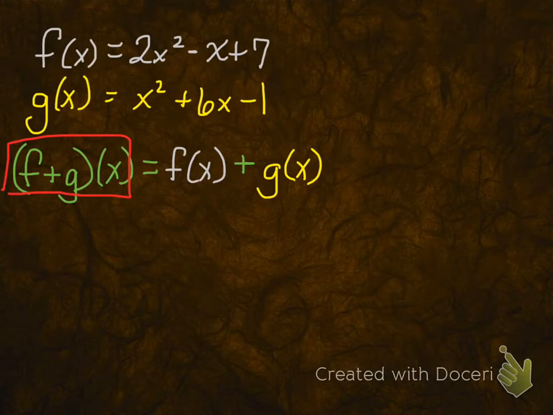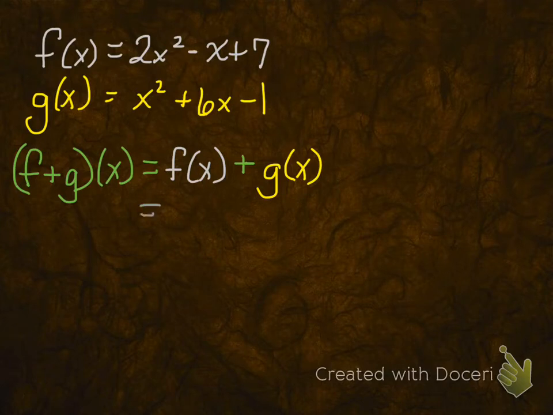This is telling you the input value. So, for our purposes today, we are not going to change the variable to a number. We are going to leave it just as a variable right now.